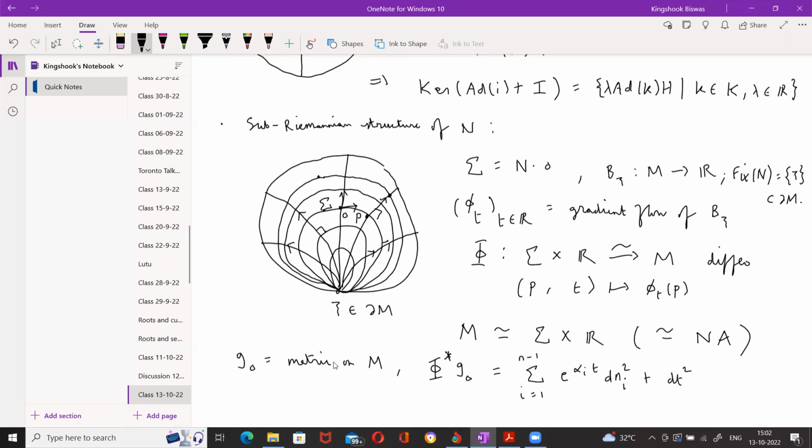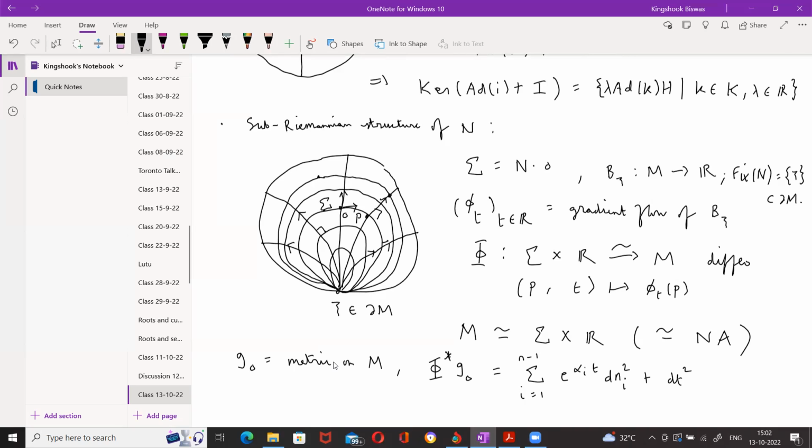This will be the form of the metric, where these dn_i's are the dual one-forms to the vector fields del n_i. You see, the n_i's are coordinates, so these are just the derivatives of those coordinates. I have coordinates n_1 to n_{n-1} on this sigma.